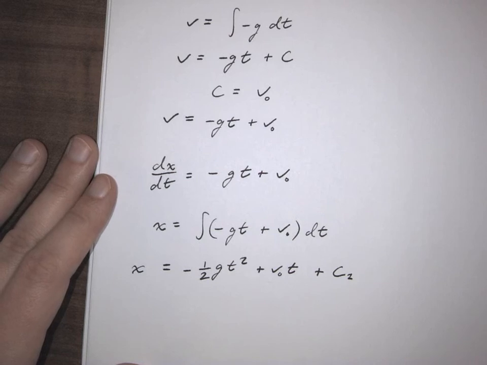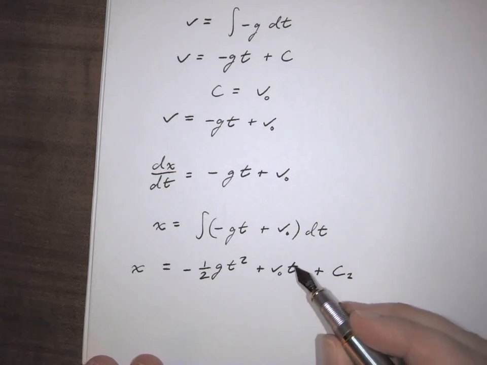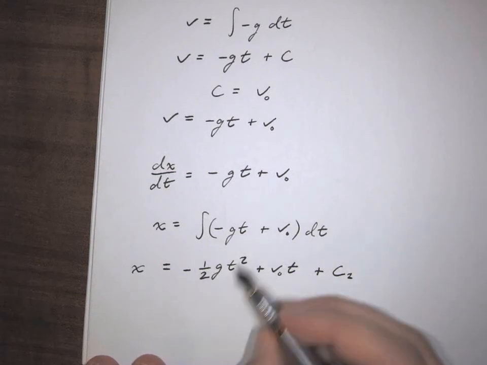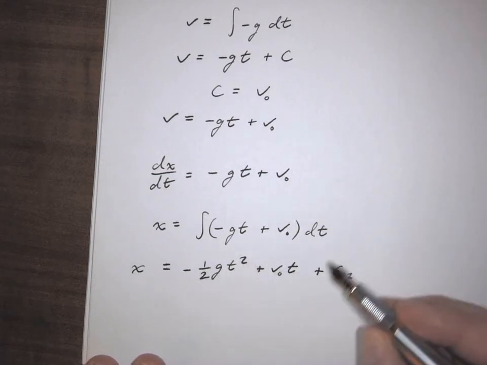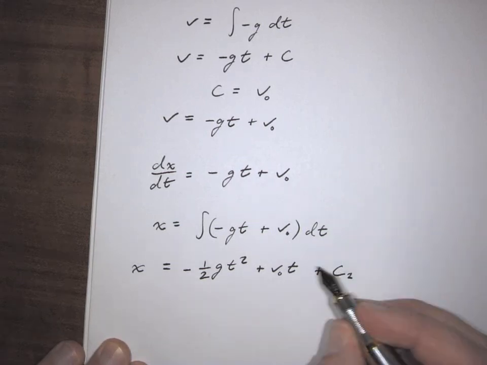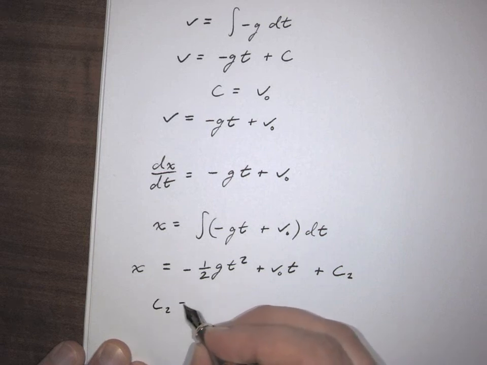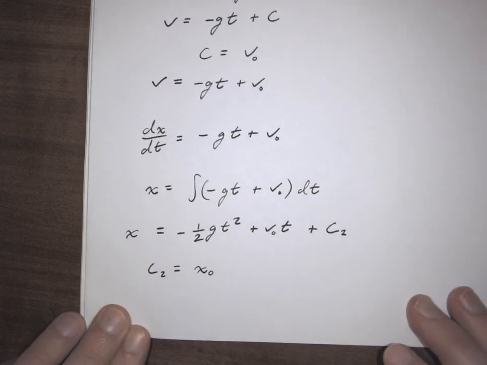Anyway, continuing along here, let's think about what this C2 actually represents. Once again, if t equals 0, that will disappear, that will disappear, and all that will be left is that. And so that is actually just going to be the initial position. So C2 is going to be the same thing as the initial x value, so x0.